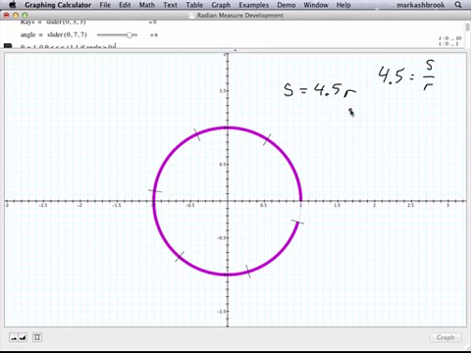Okay, so what I want you to do is, there's 6 circles. I want you to just estimate on each circle the radian measurement I'm going to give you.